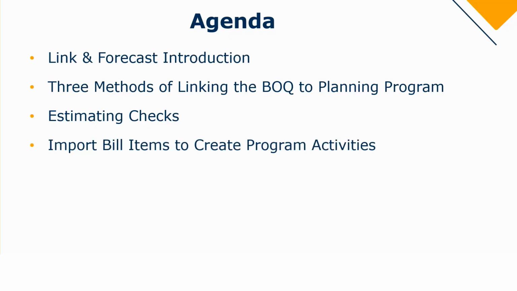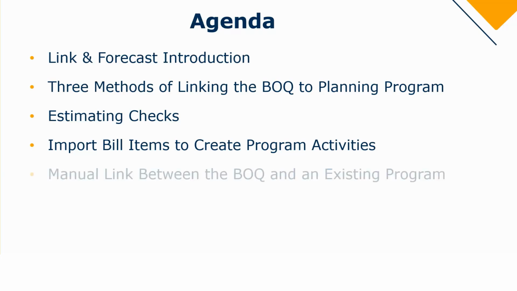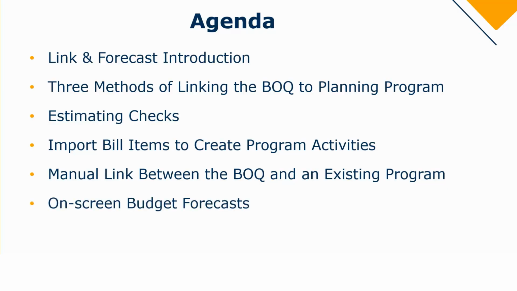We imported the bill items to create program activities. I showed you how to manually link an existing bill of quantities to an existing program. We had a look at on-screen budget forecasts documents, as well as forecast reports.